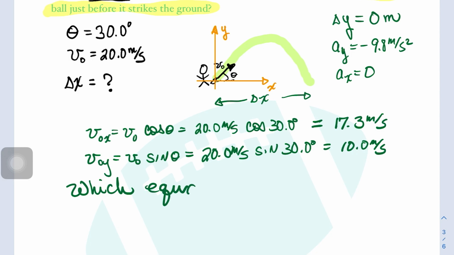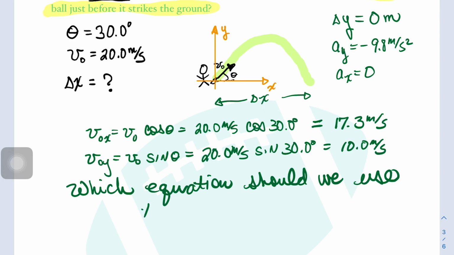All right, since we're looking for delta x, we want to ask ourselves, which equation should we use to solve for the range, or the change in x displacement?